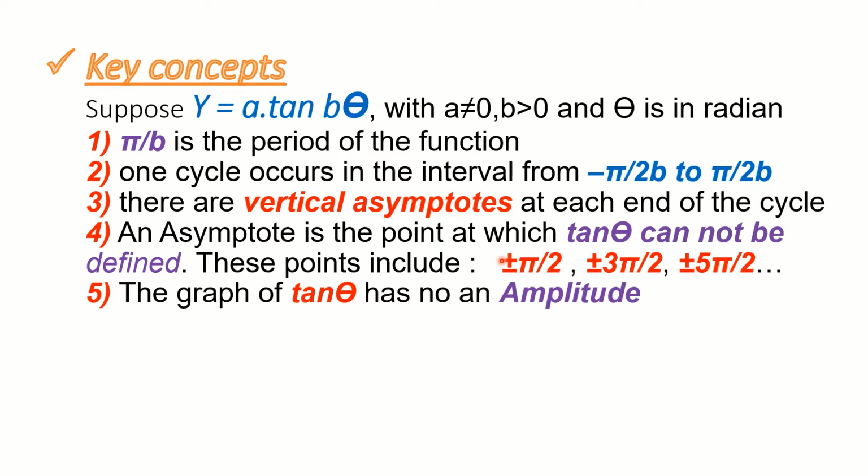As you can observe, they are the odd multiples of pi over 2: plus or minus 1, 3, 5, and 7 times pi over 2, and so on. So these points are the asymptotes, the points at which the graph will not cross. The graph of tan theta has no amplitude, unlike the sine and cosine functions.